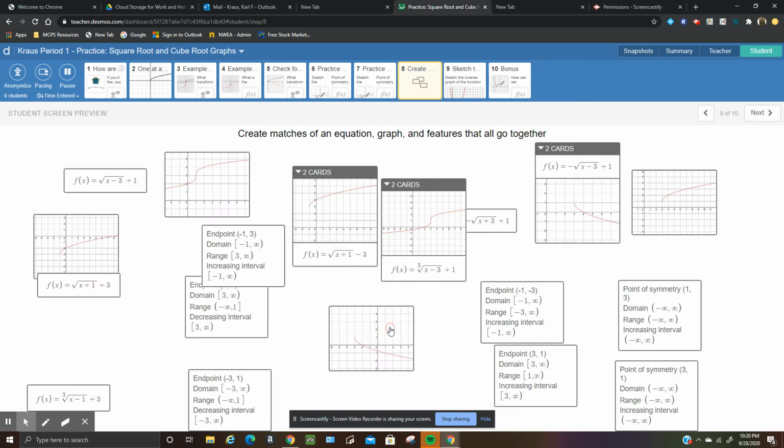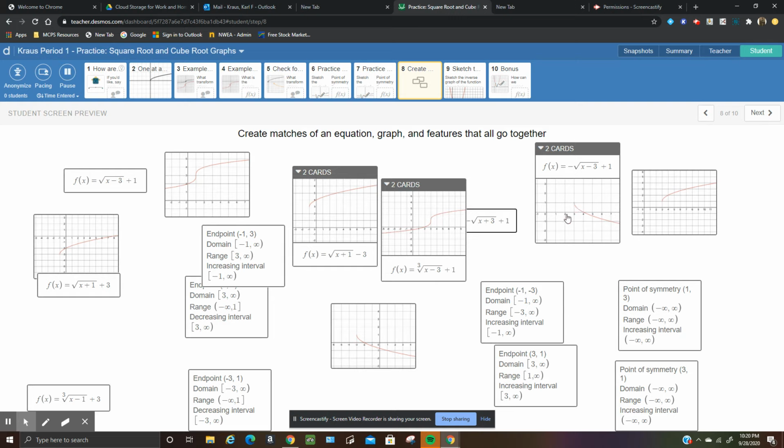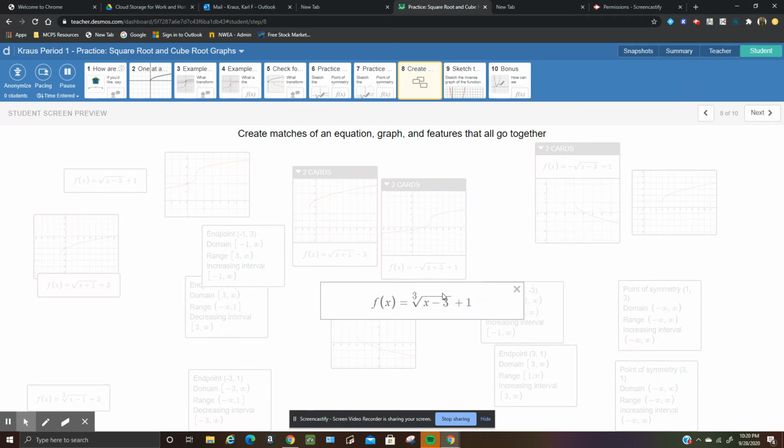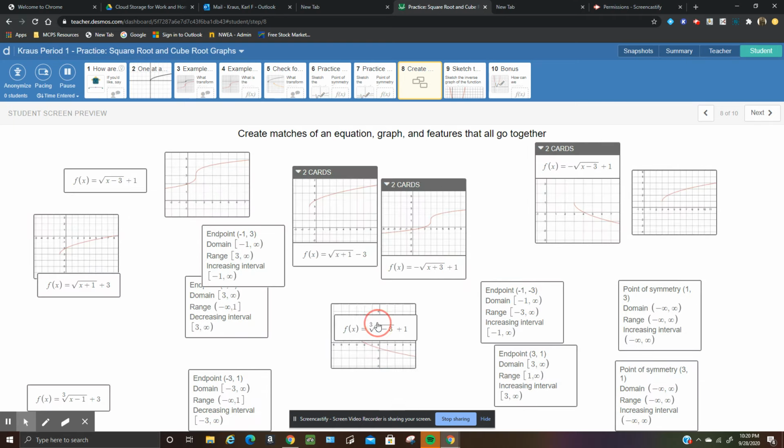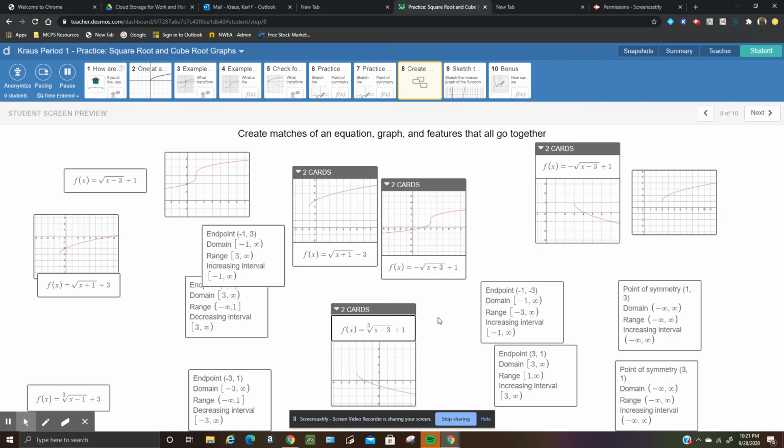This is messy. Why did this come apart? There we go. Hey, what just happened there? I switched these around and I don't want to.